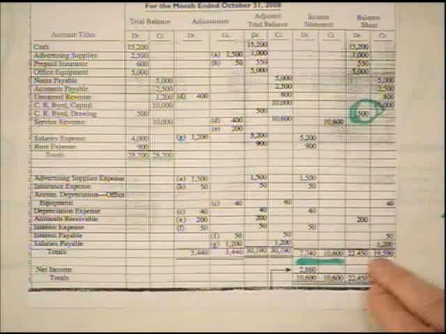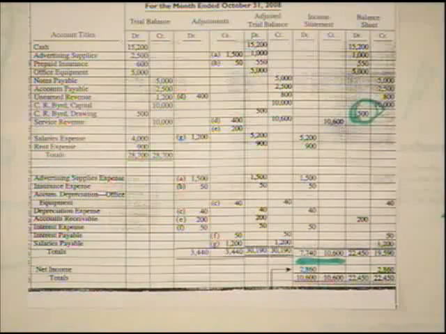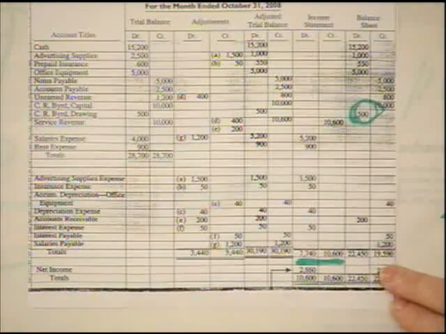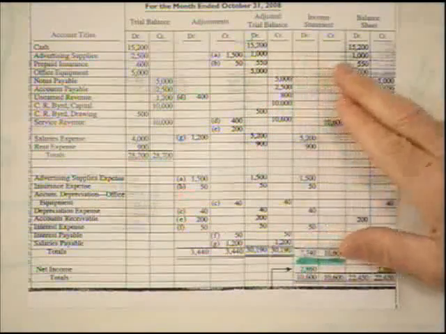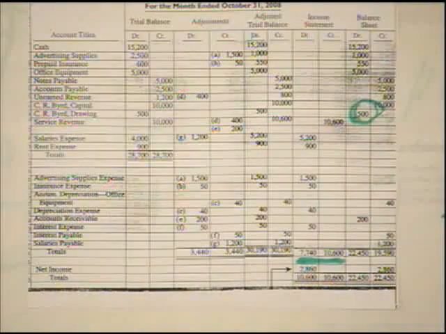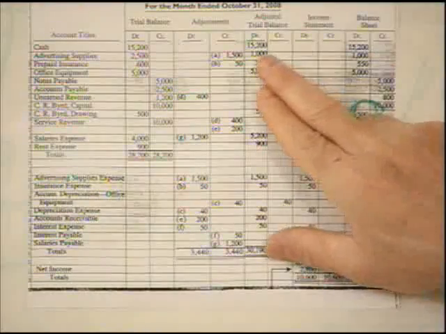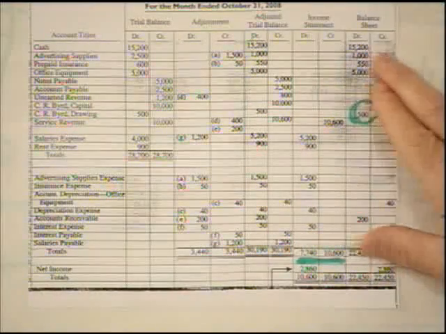If they're not unequal by the same dollar amount, first make sure that your columns have been added correctly. If that doesn't solve the problem, make sure that every single one of these numbers was slid over to one column or the other. And if that still doesn't do it, make sure that if it was a debit here, it's a debit there and not a credit.